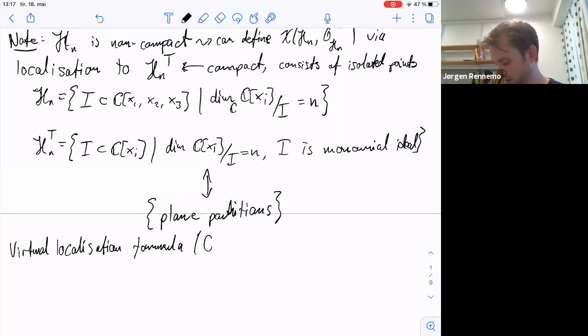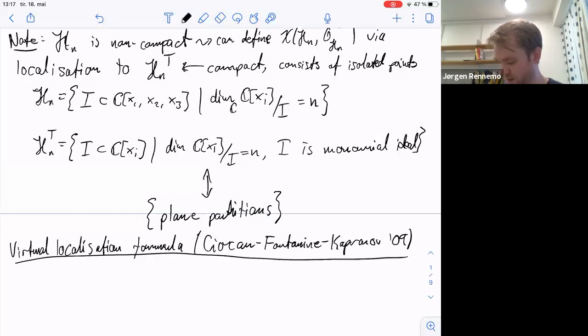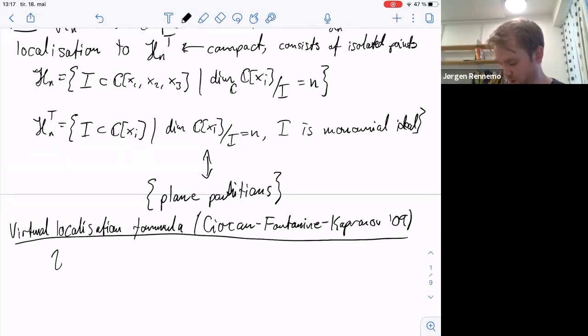A general statement of Graber-Pandharipande, Fantechi-Göttsche, Kapranov tells us the following: to evaluate this thing, you're summing over fixed points.